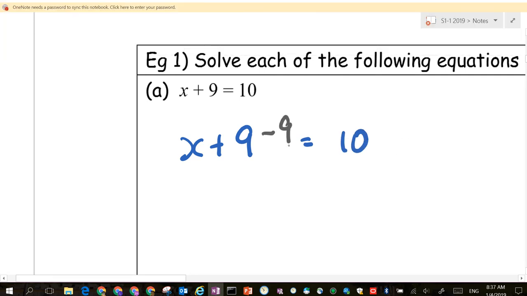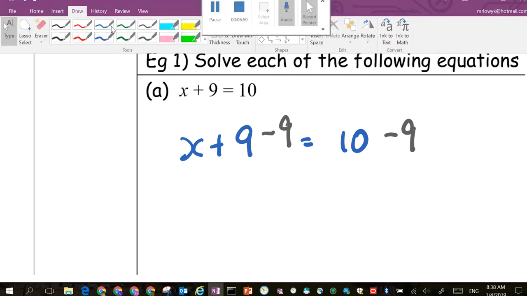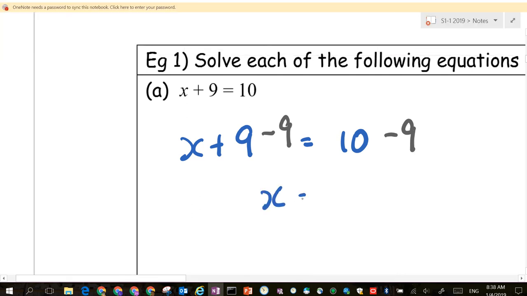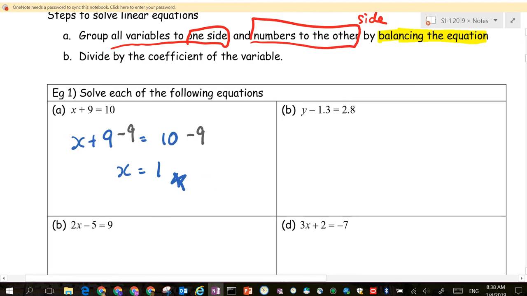Minus 9, minus 9. So I both side minus 9. Then you press your calculator. 9 minus 9 is 0. And then 10 minus 9 is 1. X is equals to 1. Like that exam, 2 marks. Understand? Okay. Second one, what will you do?